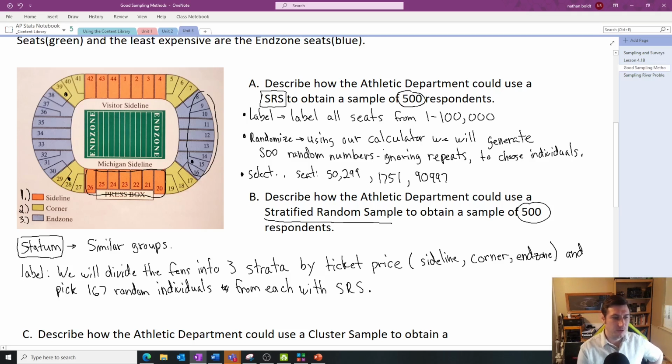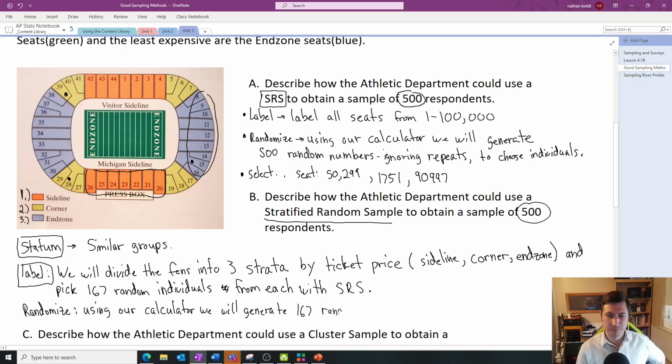I don't know if I can actually do this one for you. So we labeled, randomize. I kind of took care of that in the previous sentence a little bit, didn't I? But using our calculator, we will generate 167 random numbers.